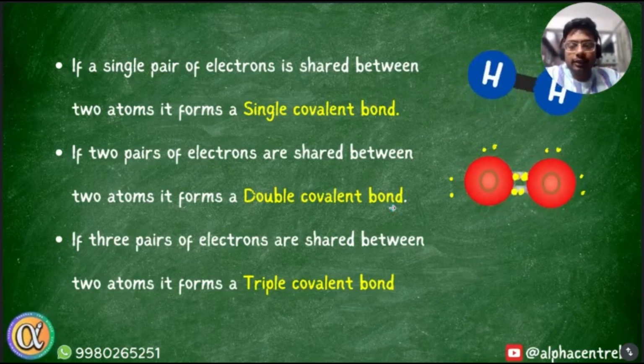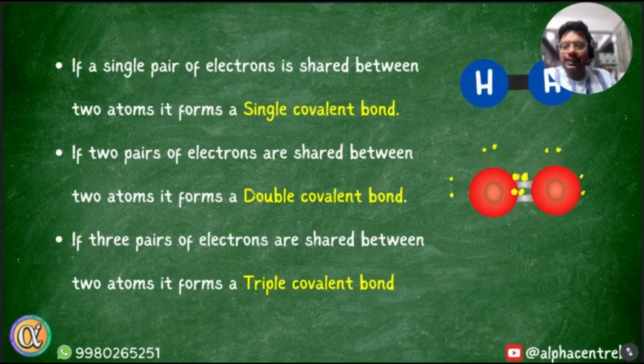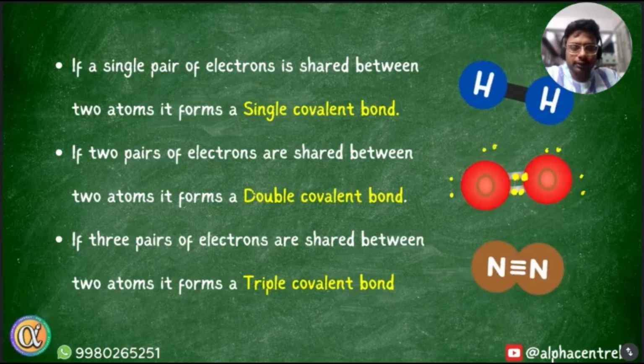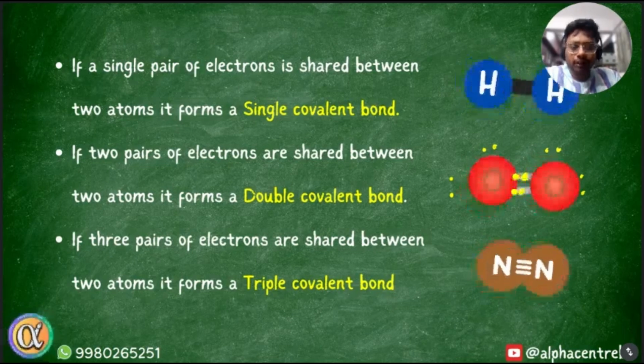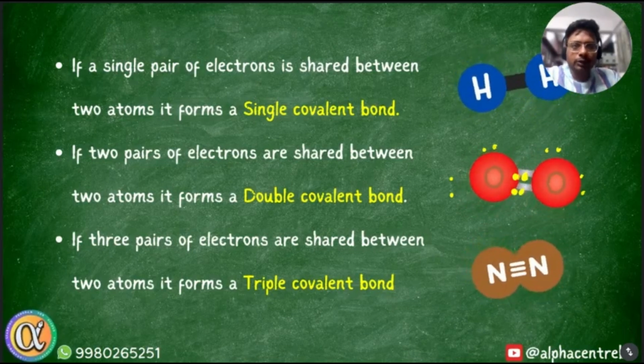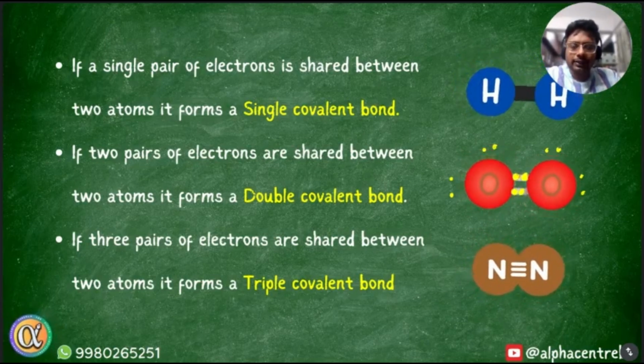Next, sometimes you will also see that two elements start sharing three electrons between them. This can be seen in the case of the nitrogen molecule, where both nitrogens are sharing three electrons. Nitrogen has five electrons in the valence shell. So if it shares three, it gets a benefit of three.